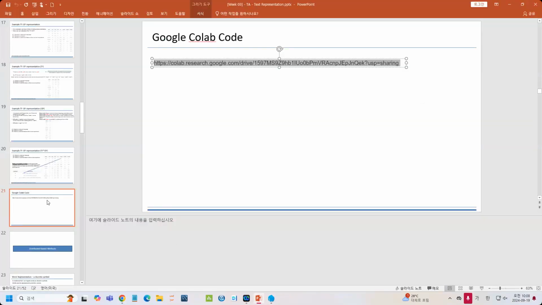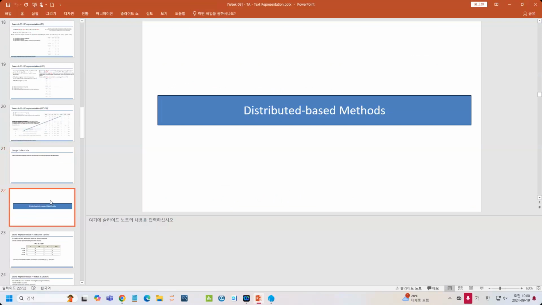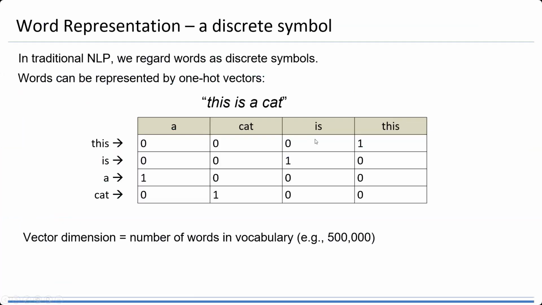So let me continue with the other methods. We call it the distributed-based method. In the word representation, or we can say text representation, as you might know, word representation requires a discrete symbol.